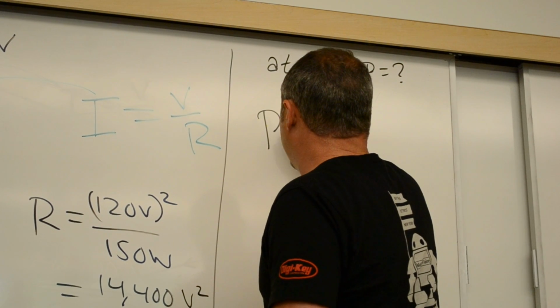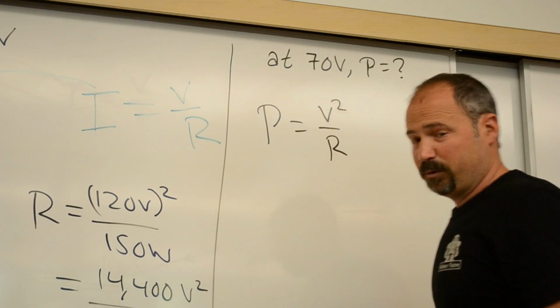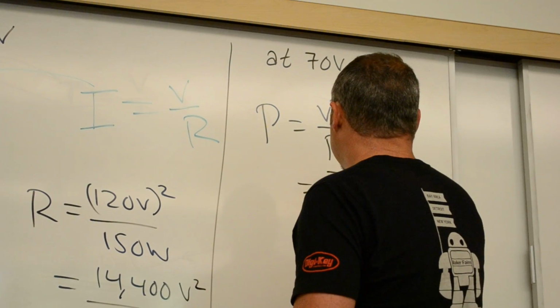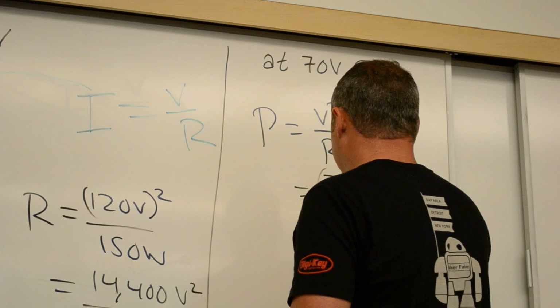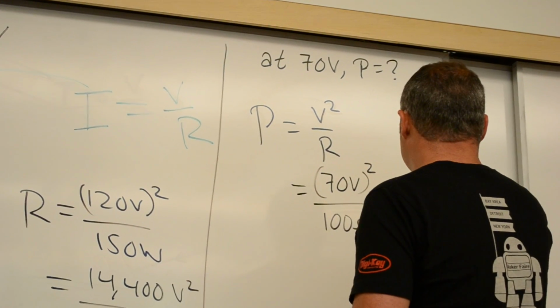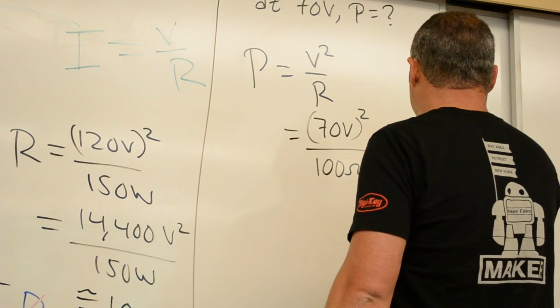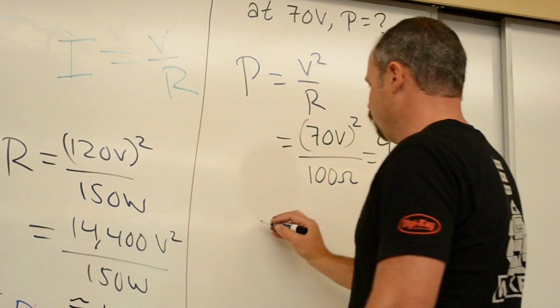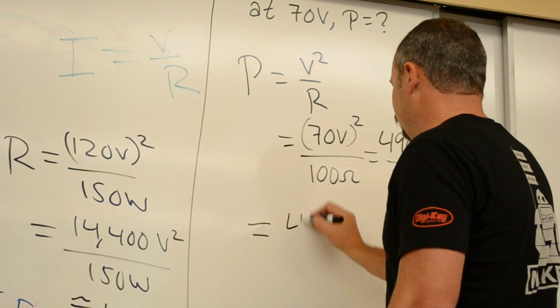Well, power is voltage squared over resistance, just doing what we did before, and it's 70 volts squared all over about 100 ohms. And 70 squared is 4,900 volts squared over 100 ohms. Volts squared over ohms gives you watts. And that gives us 49 watts.